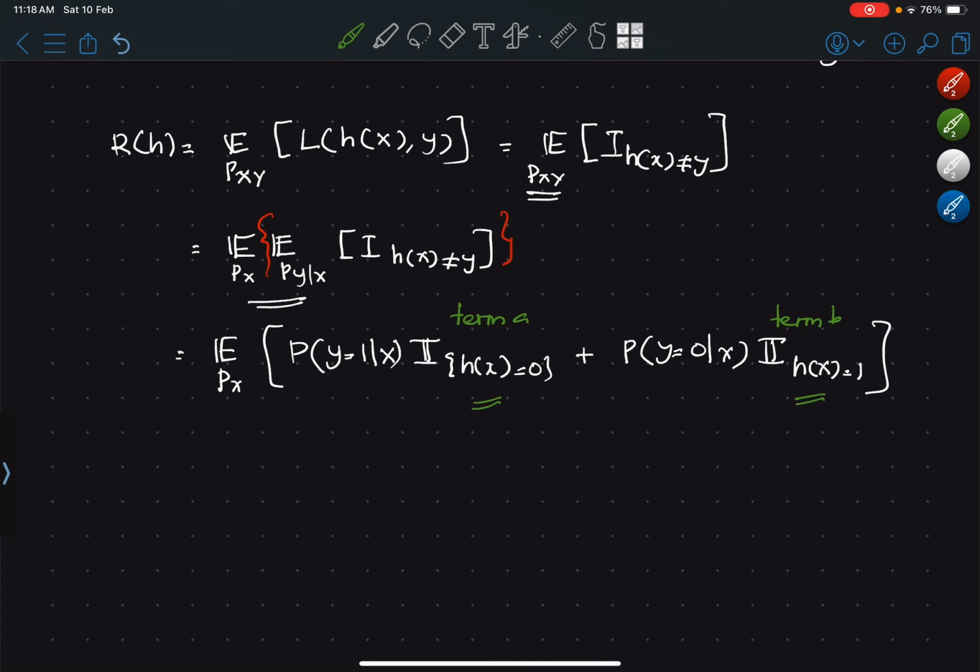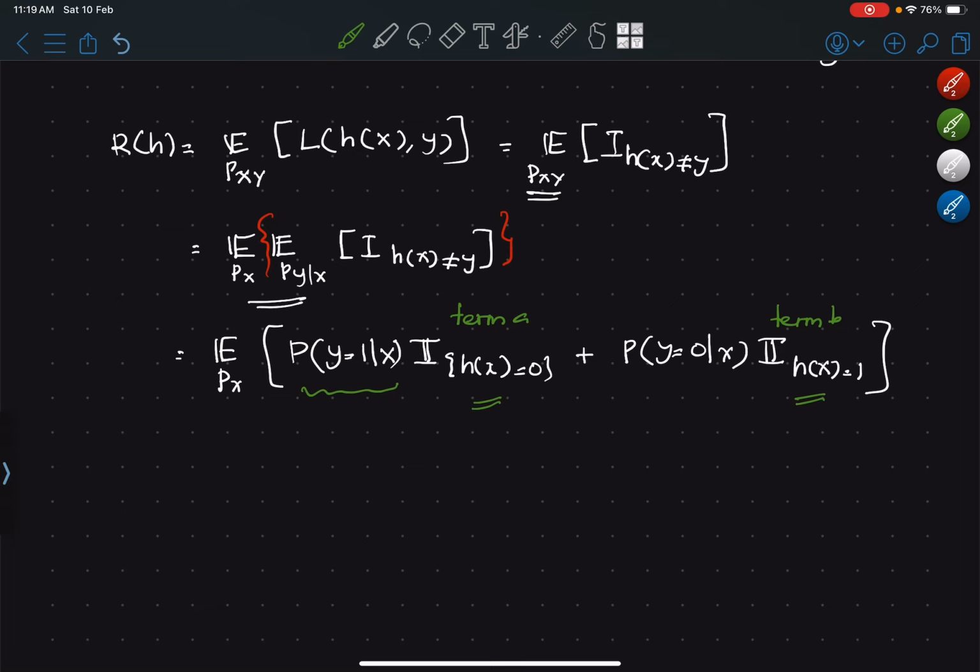Now, what we have to do is define a hypothesis so that when h of x is equal to 0, this value is minimum and the other value is maximum. So naturally, when h of x is equal to 0, this term will be selected and the maximum term will be neglected.